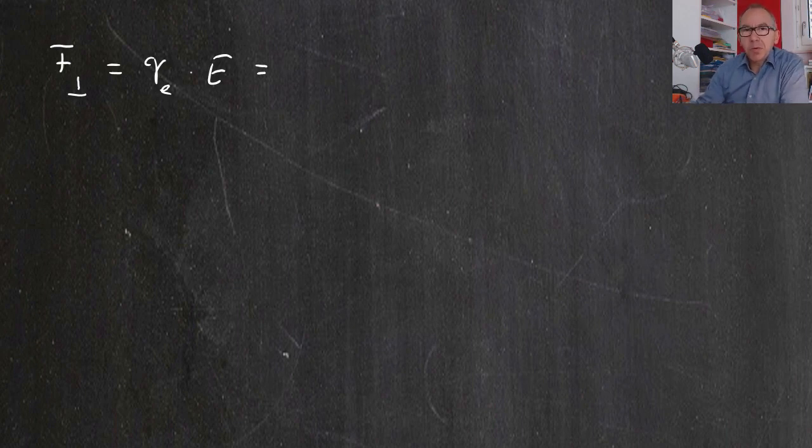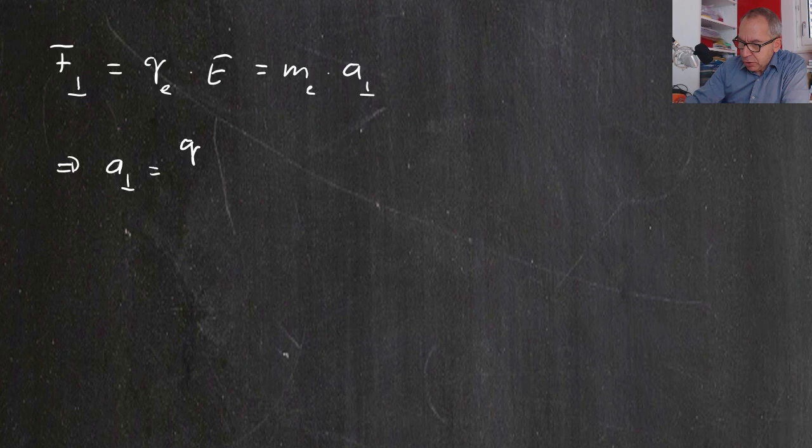If we have F, we also can use Newton's law. So this is equal to the mass of the electron times the acceleration, which will be perpendicular. And therefore we can now solve for the acceleration that will occur. It will be the charge of the electron times the electric field divided by the mass of the electron.